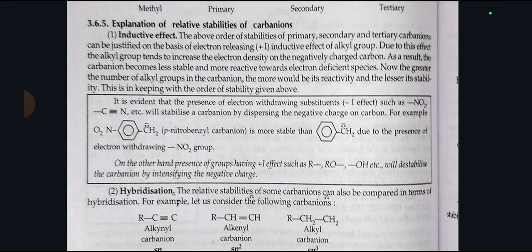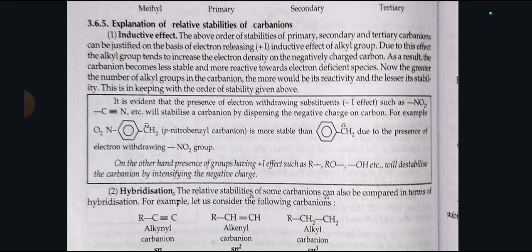As a result, the carbanion becomes less stable and more reactive towards electron deficient species. Now, the greater the number of alkyl groups in the carbanion, the more would be its reactivity and the lesser its stability. This is in keeping with the order of stabilities given above.